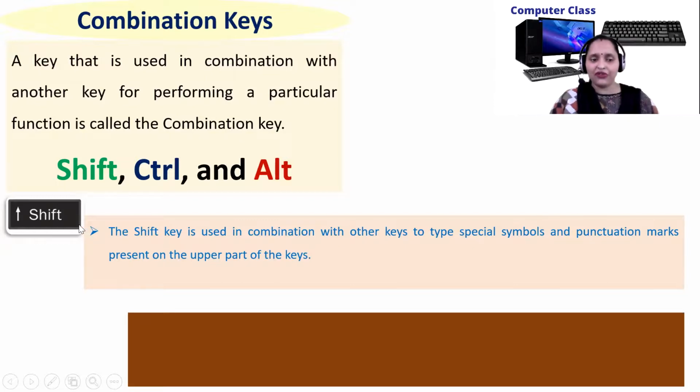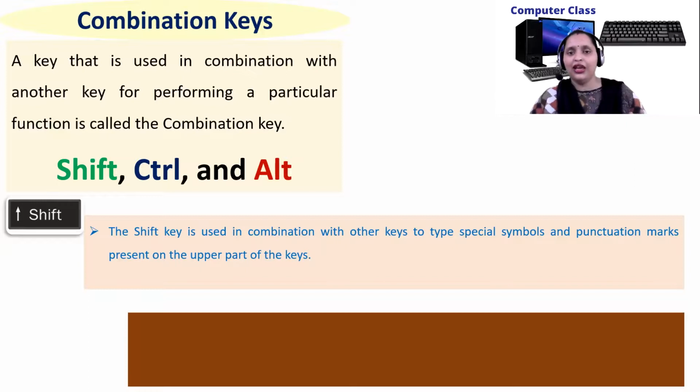How? First we will press the shift key. By pressing the shift key, we will press any alphabet key that we want to see on the screen. For example, I want to see the alphabet Y in capital letter on the screen. So what I will do, I will press the shift key, and by pressing the shift key, I will press the Y key also.